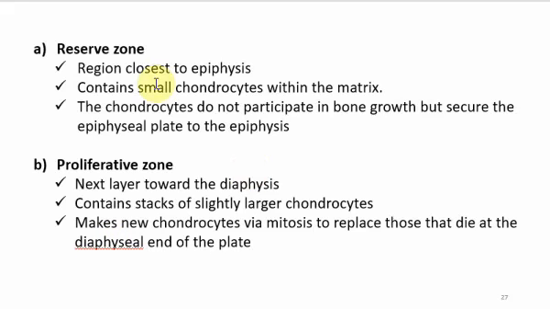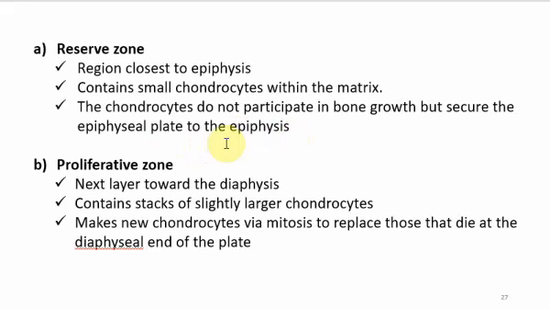This zone contains very small, minute chondrocytes embedded within a fluid medium, which we call a matrix. These chondrocytes at this point do not participate in bone growth, but they secure the epiphyseal plate to the epiphysis.